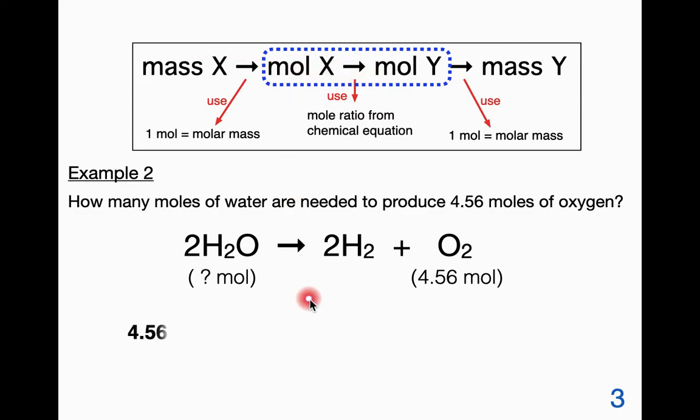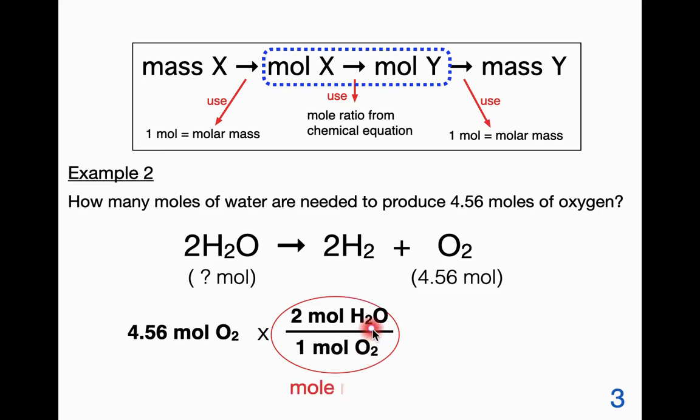So we start with what we're given, 4.56 moles. And all we need to do is use the mole ratio from our balanced chemical equation to make the conversion. Our balanced chemical equation tells us for every 2 moles of water, we will make 1 mole of oxygen. Now remember, dimensional analysis tells us exactly how to set things up. We want moles of oxygen to cancel out, so it goes in the denominator.